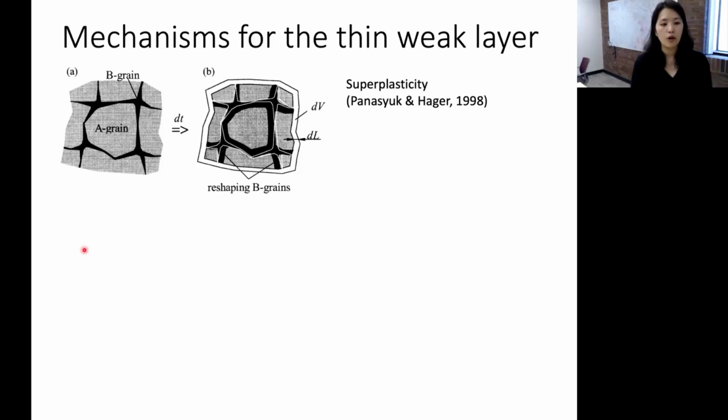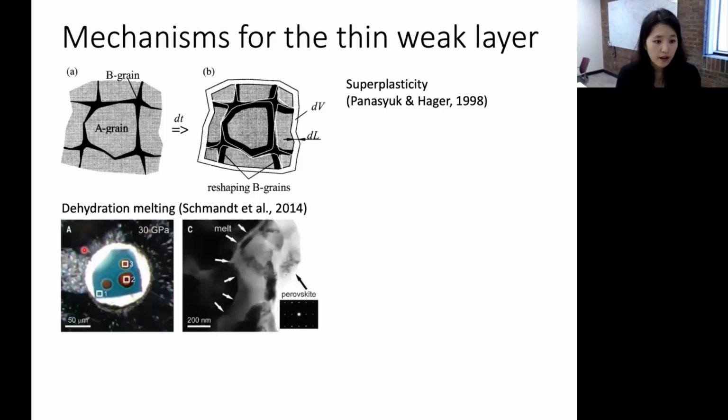And that actually involves volumetric change during the phase transformation. And that sudden volumetric reduction can basically induce superplasticity, which will make the viscosity suddenly lower. So that could be one explanation.